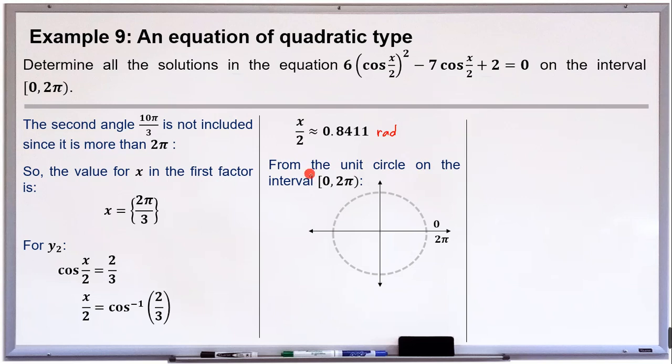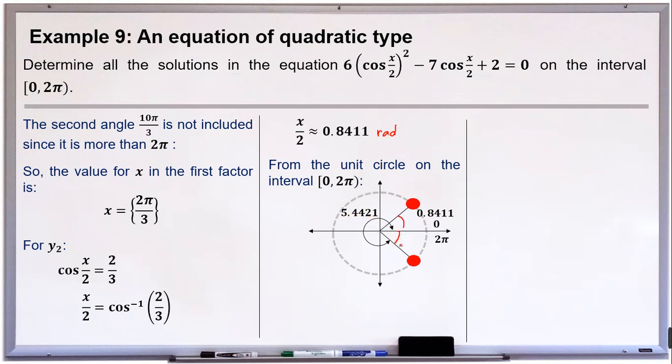If we refer our analysis to the unit circle, the cosine that will give us a positive 2/3 can be located on quadrant 1 and quadrant 4. So this is our angle 0.8411 in radians, and this one right here is 5.4421.